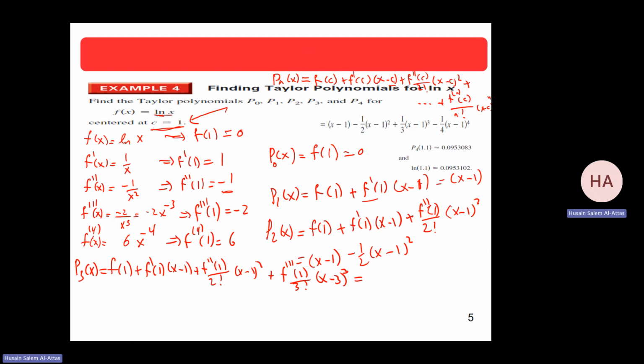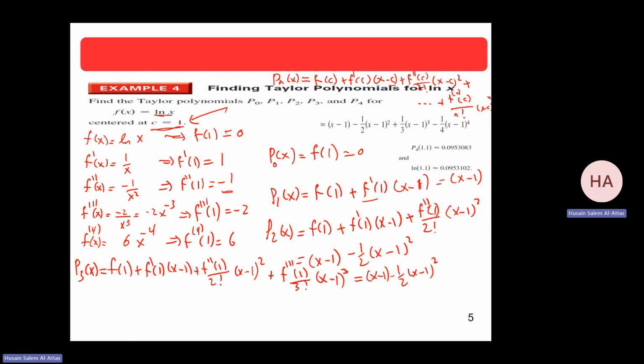And that will be what? x minus 1. Everything is minus 1. This is 1, since my c is 1. That will be what? 0. I have x minus 1 minus half x minus 1 squared.